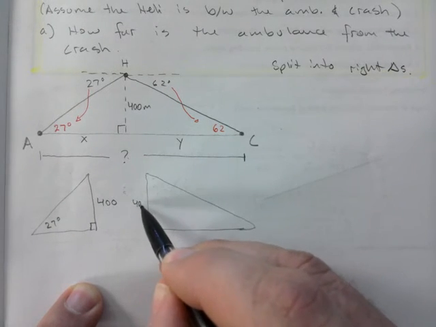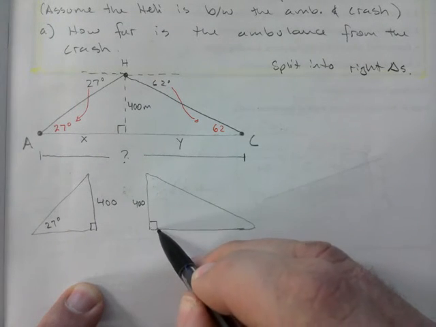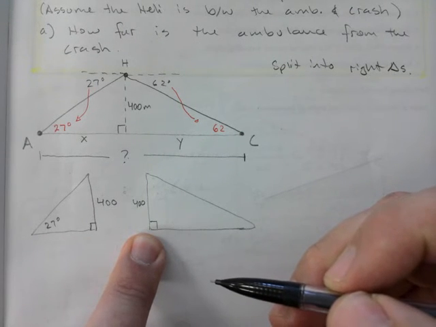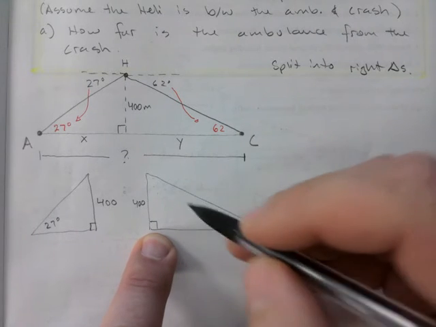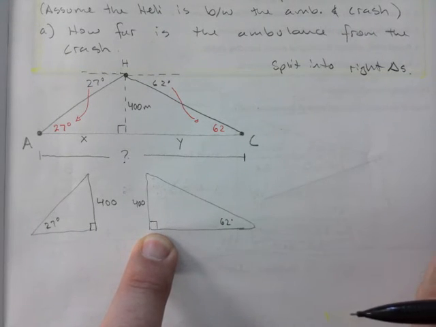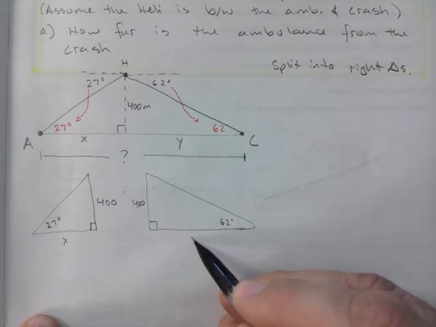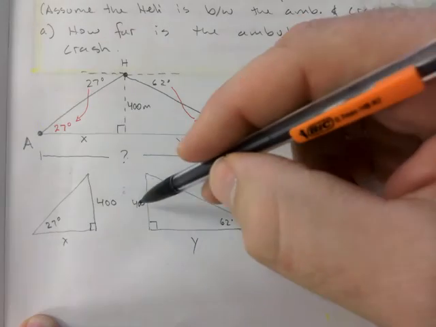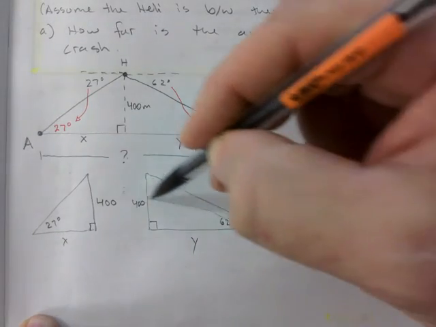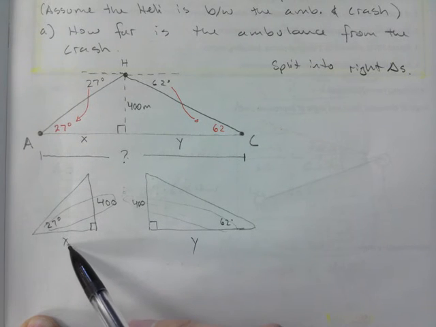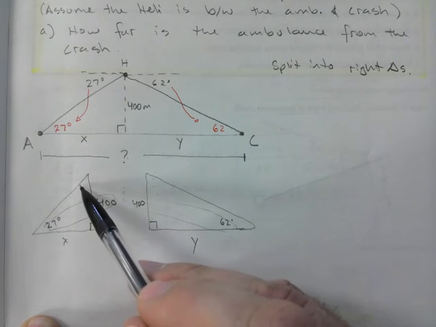This 400 stays the same. I know that's a 90. Why do I know it's 90, guys? Because it's the height. The height is always measured at a 90 with the ground. And I know this is 62 here. And this would be X and this would be Y. Do you have a pair? You must realize that for both of them you have a pair. But to find X, what do I need? I need the angle up here.